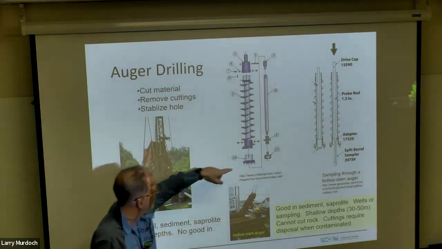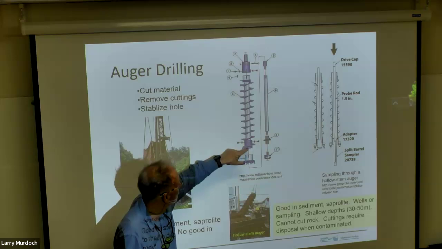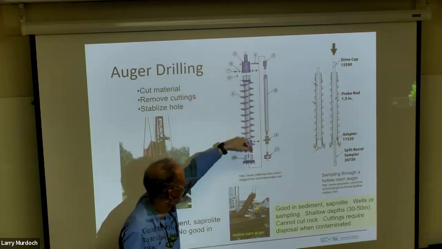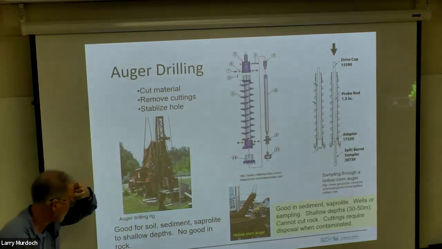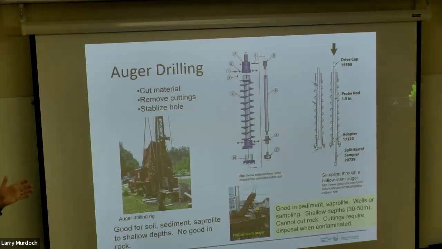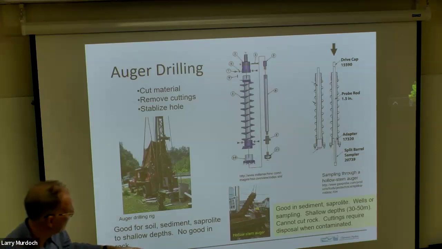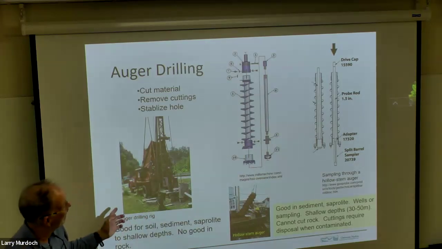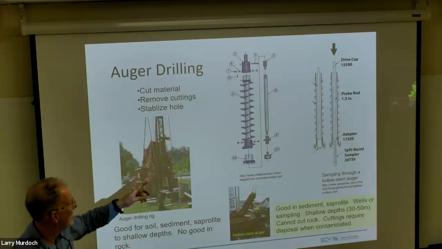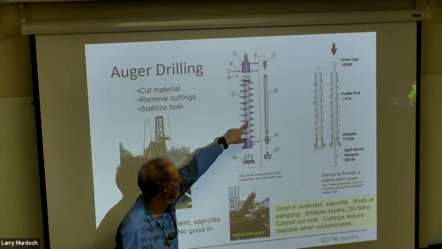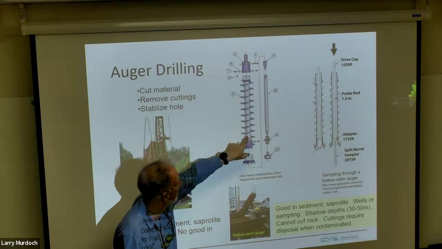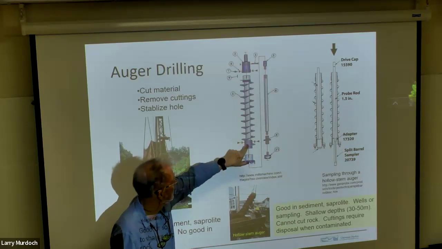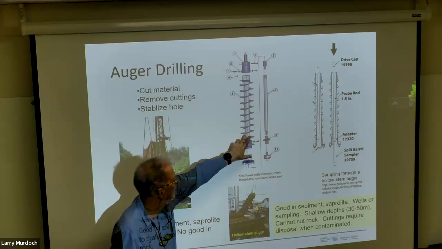And then the sediment is removed because it gets conveyed up this auger as it rotates. So that works pretty well in material that is soft. You can make a big hole using this. Here's a pretty big auger. Sometimes this is a solid piece of steel, but a lot of times, in this case, it's a hollow tube.